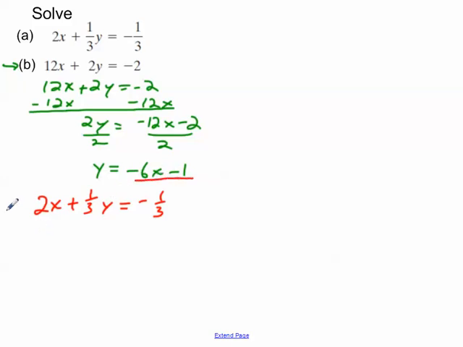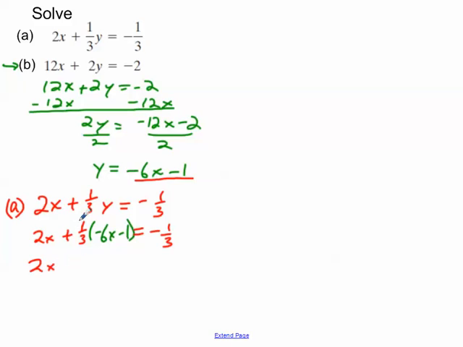Let's keep writing what we know: 2x plus 1/3, and we know that y is negative 6x minus 1. And we keep rewriting whatever is left over. Now we just solve this equation for x, because we've got just x terms and constant terms now.